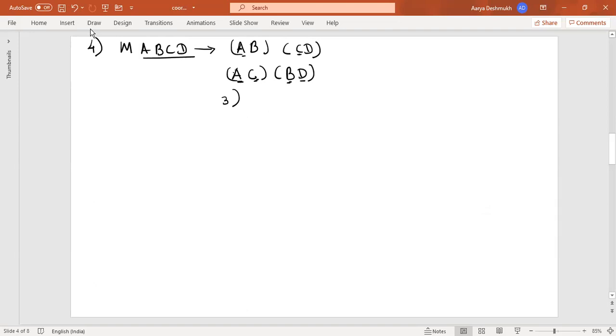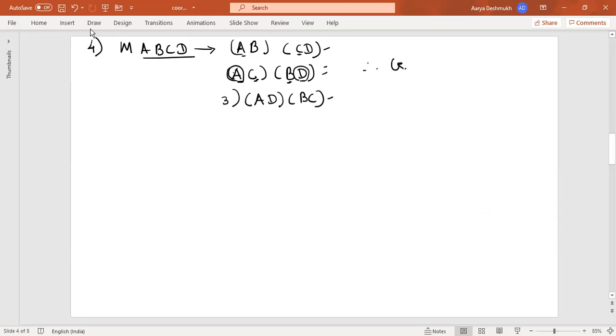Always remember there should be no repetition. This combination should not be repeated. AD, this A and D, and the remaining B and C. So just cross check. This is totally different. All these three combinations are different from one another.